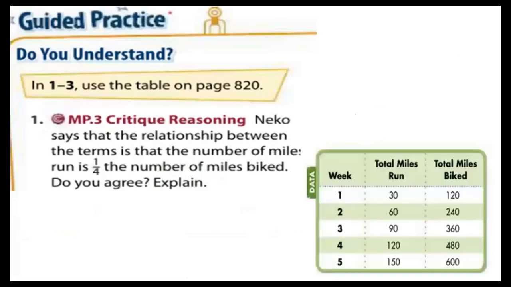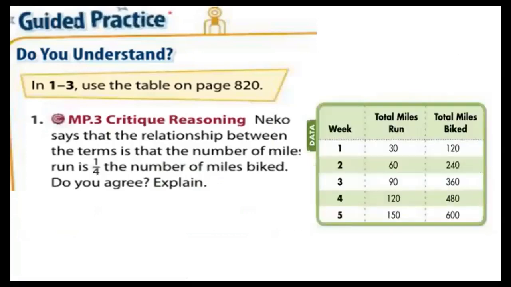This table he means. It says that the relationship between the terms is that the number of miles run is 1/4 the number of miles biked. Do you agree? Explain.